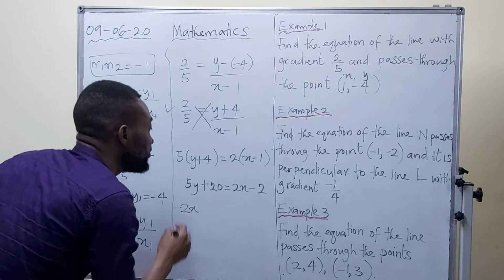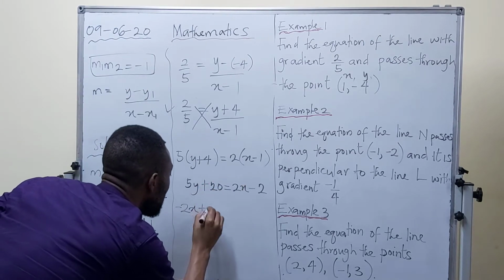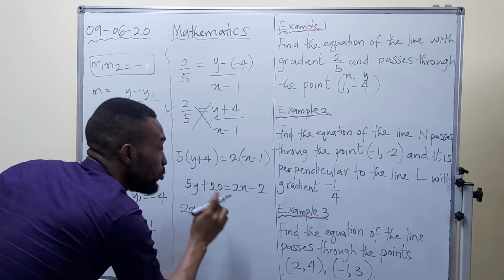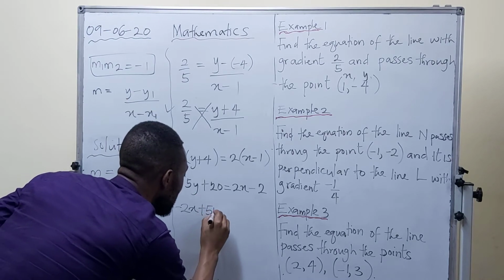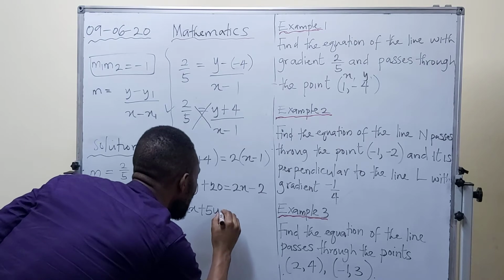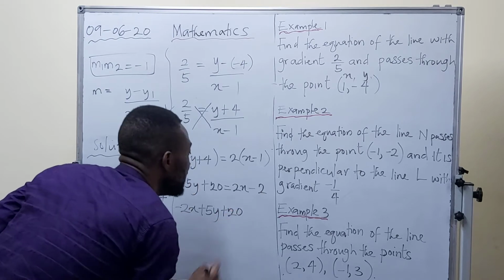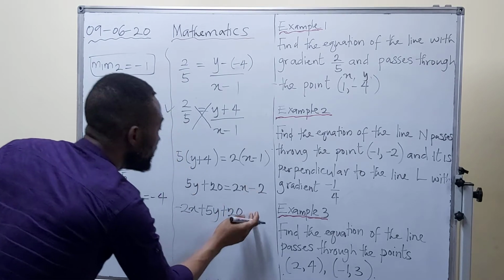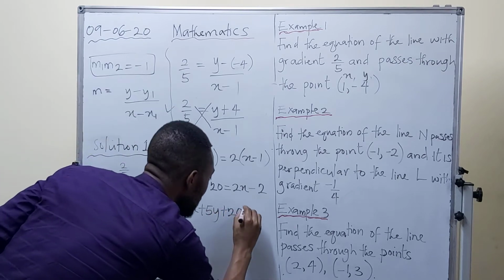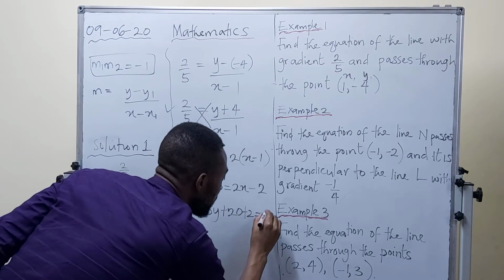So we have minus 2x, plus the y we follow, which is 5y, then plus 20, then we have -2 here. If this -2 comes in, it will become +2, which is equal to 0.